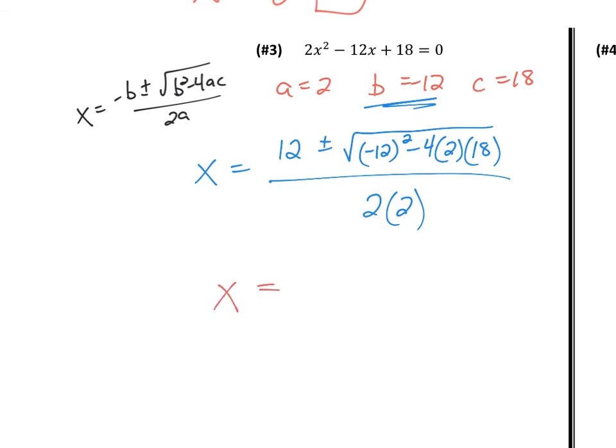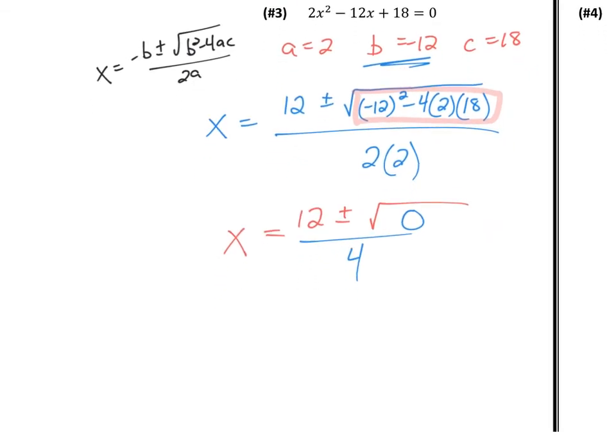So now, negative b is 12. So it's 12 plus or minus the square root. If you take your calculator and type in this stuff, 12 squared is 144. So 144 minus 4 times 2 times 18 is going to end up being 0. And 2 times 2 is 4.